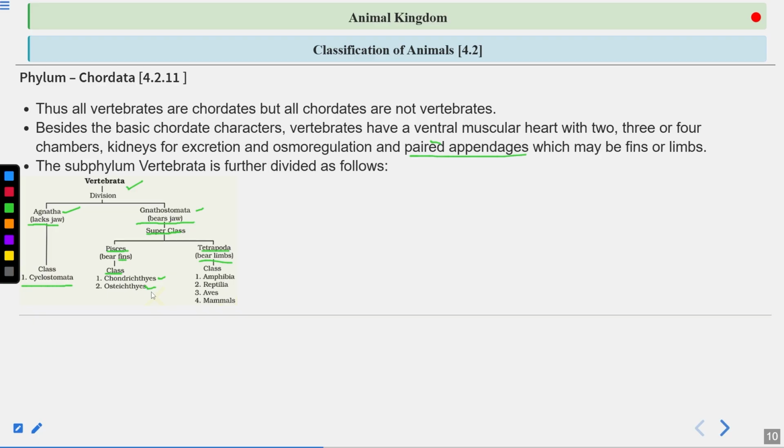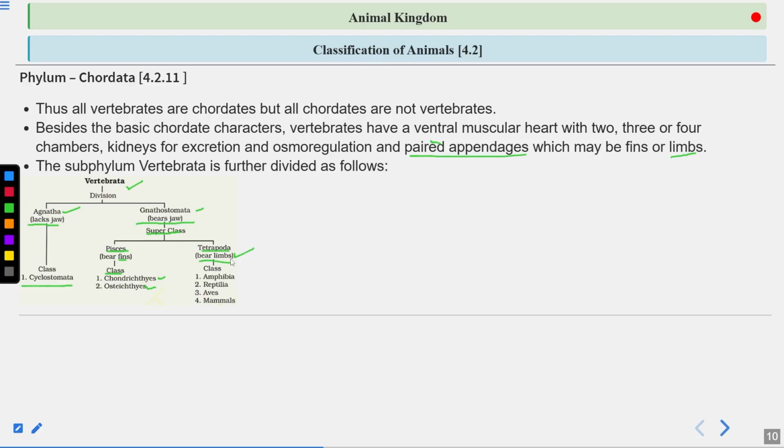They possess bones, right? So 2 types of fishes we have, Chondrichthyes and Osteichthyes. Coming to the Tetrapoda, I've already told you, paired appendages are in the form of limbs. This is the difference between Pisces and Tetrapoda. Agnatha do not possess paired appendages, right?